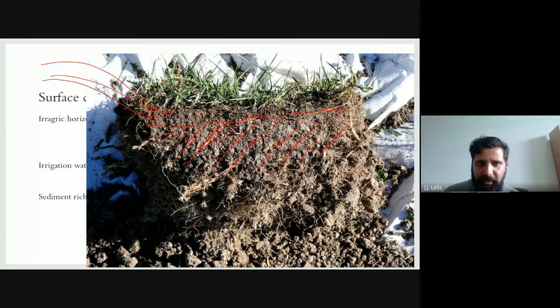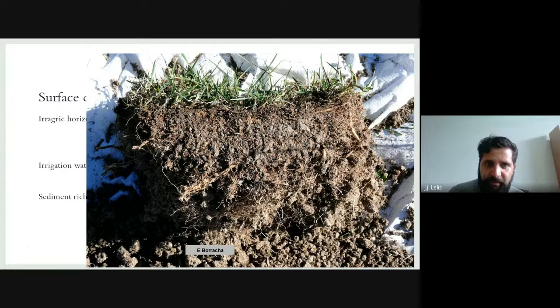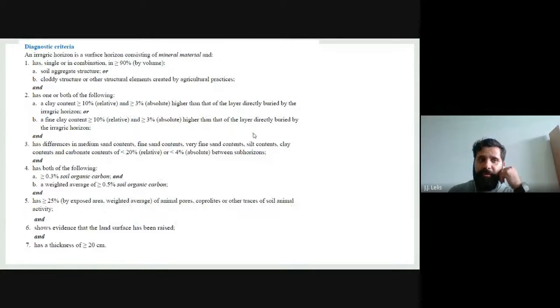So even on the surface, we can see very distinguishable colors, easily differentiated because of the influence of irrigation, and because of these sediments, we could also see other changes.